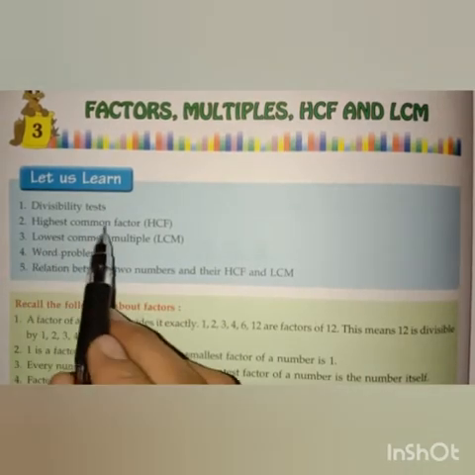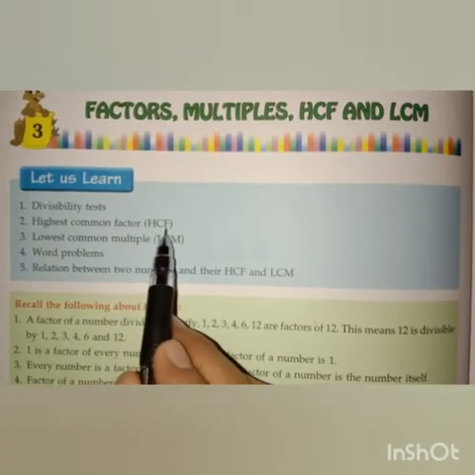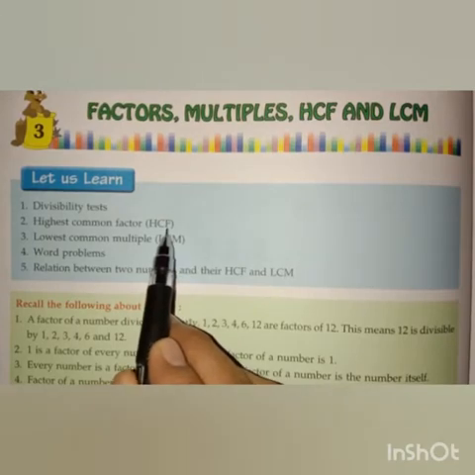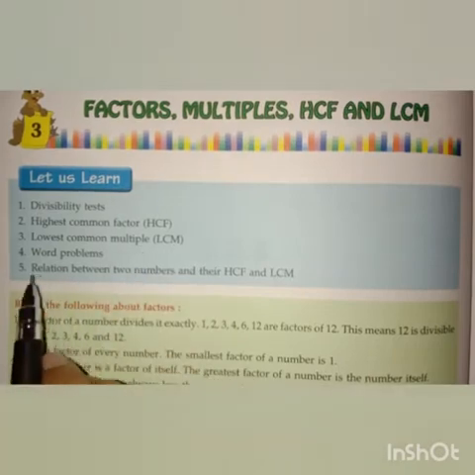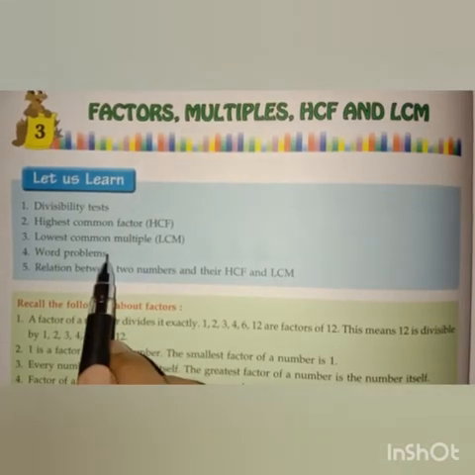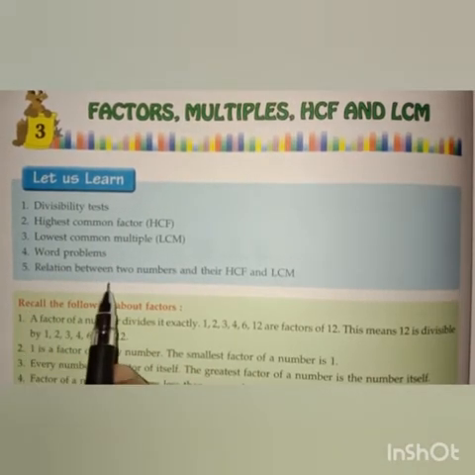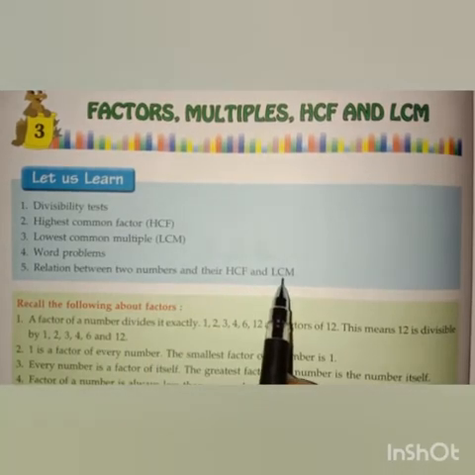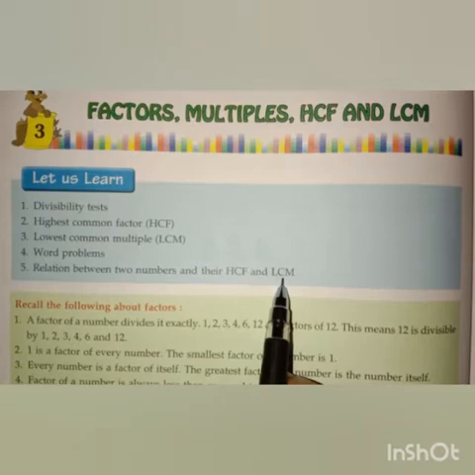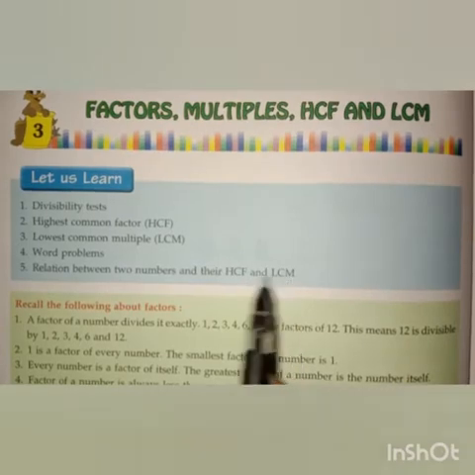And highest common factor, that is HCF, how to find out HCF, and lowest common multiple, that is LCM. Then word problems are also we are going to learn, and the relation between two numbers and their HCF and LCM. So these topics we are going to learn in this chapter. Got it, children?